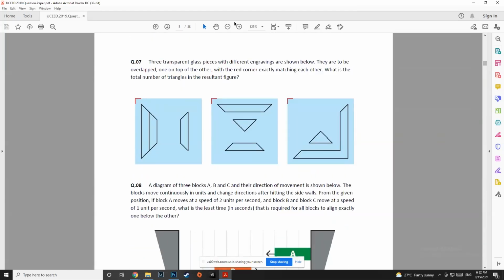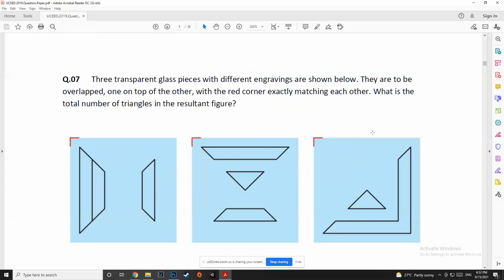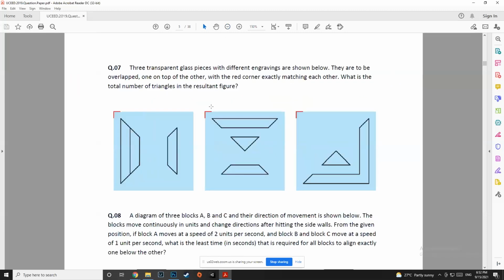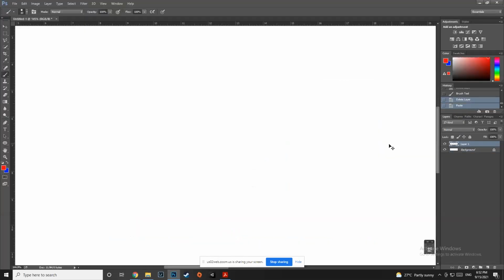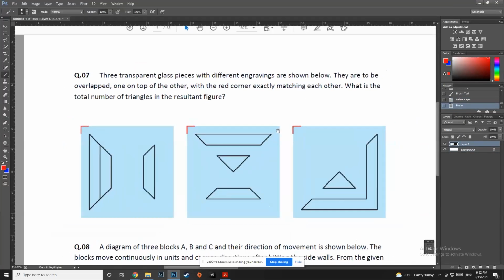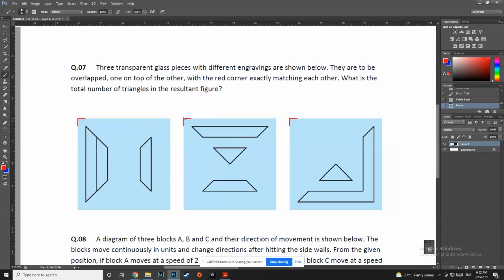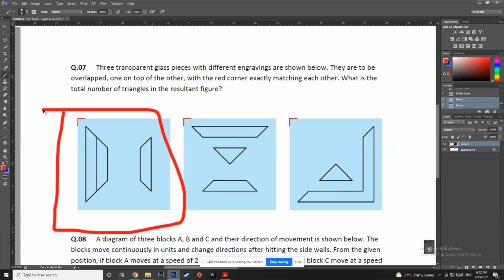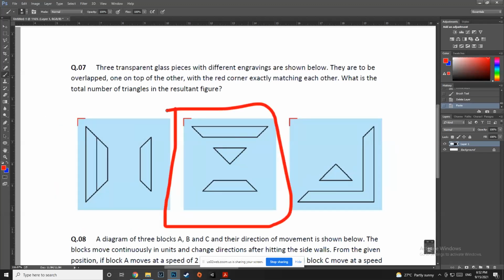do this one. Now in this one, see, we were talking about visual reasoning, right? Basically what we're doing is logical reasoning, and within that there is a huge part of visual reasoning. So now the question asks that there are 3 transparent glass pieces, right? Imagine these to be glasses, like slabs of glass, that you put under a microscope.